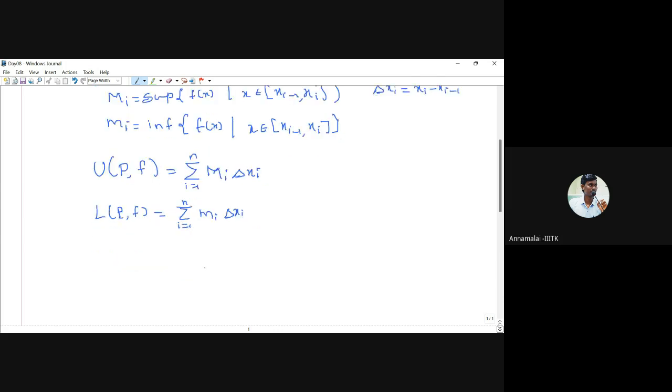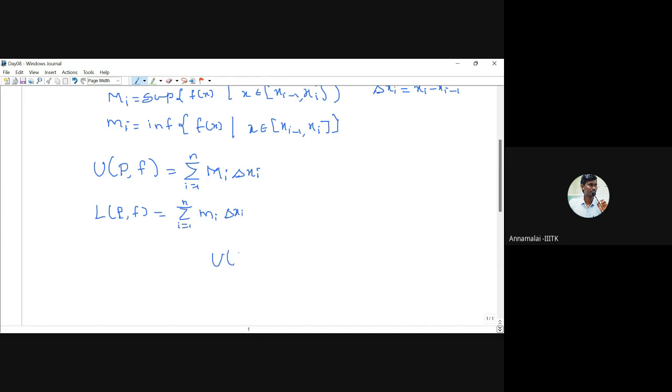So if you increase the number of points in the partition, the upper sum reduces and the lower sum increases. So for each partition we can find the upper sum, right?